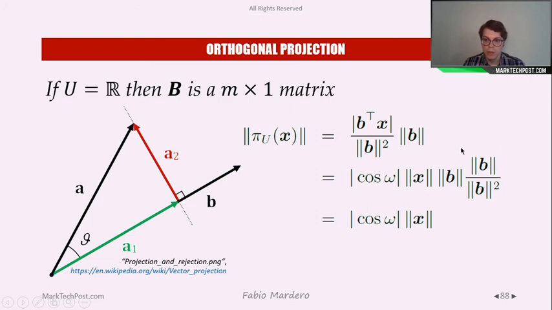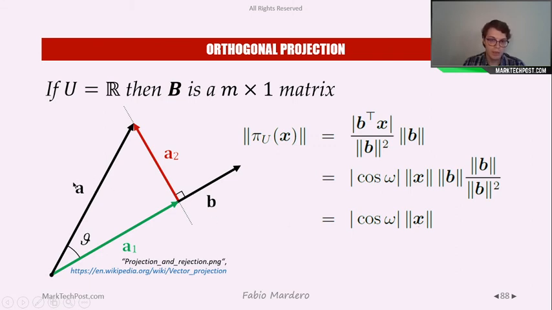This multiplication equals 1, so the length of the projected vector is equal to the absolute value of the cosine of the angle between the two vectors times the length of x.